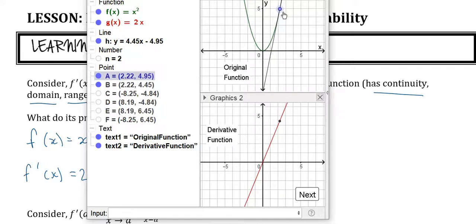The y value of this point, and this is what we did yesterday when we subbed in to the derivative. We found the y value when we subbed in 4 for x in the derivative was the slope of the tangent at 4 of the original function. That's all we're seeing here. But as the tangent gets steeper, the point on the function, the y value, the point is getting higher. The y value is increasing.